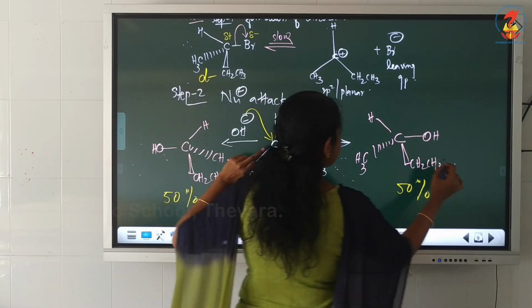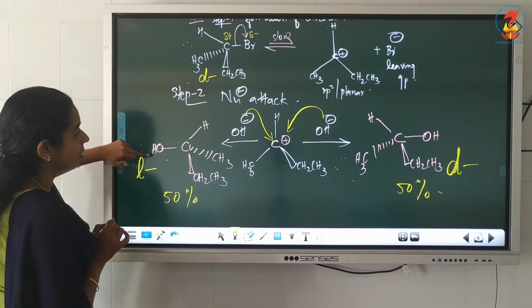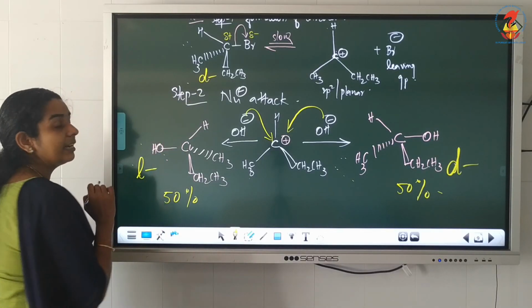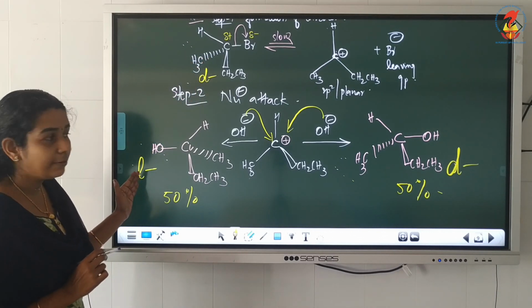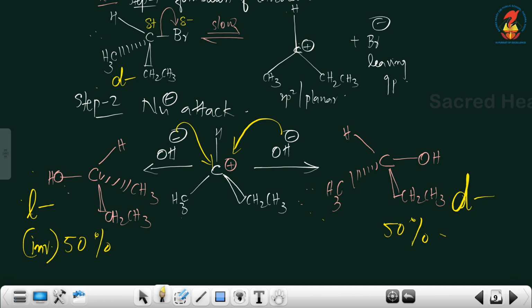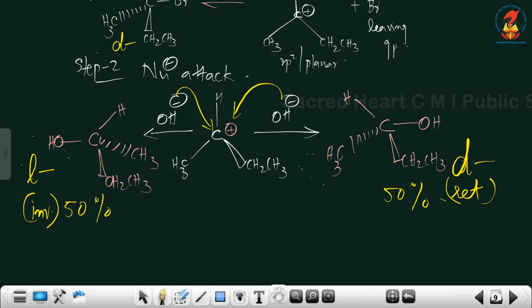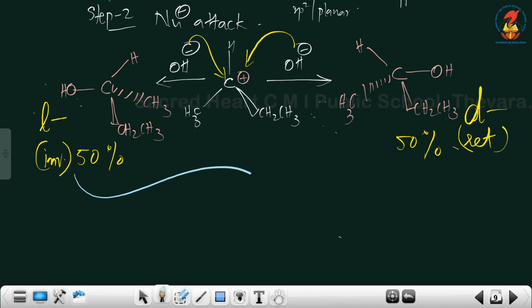So if this is dextro, this also will be dextro, and this will be levo. If you compare this structure and this structure, this has inverted configuration. So if this is dextro, this will be levo. That means this has inverted configuration and this has retention of configuration, and this results in what?